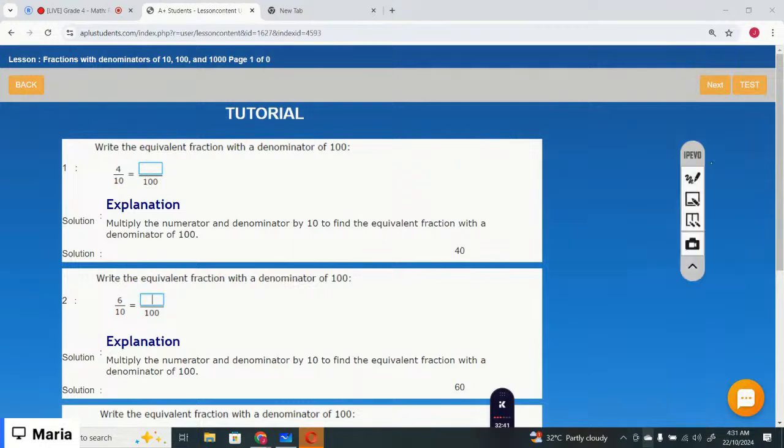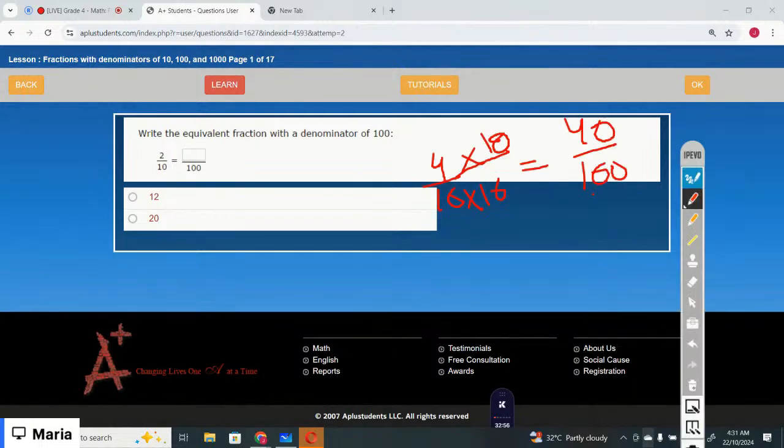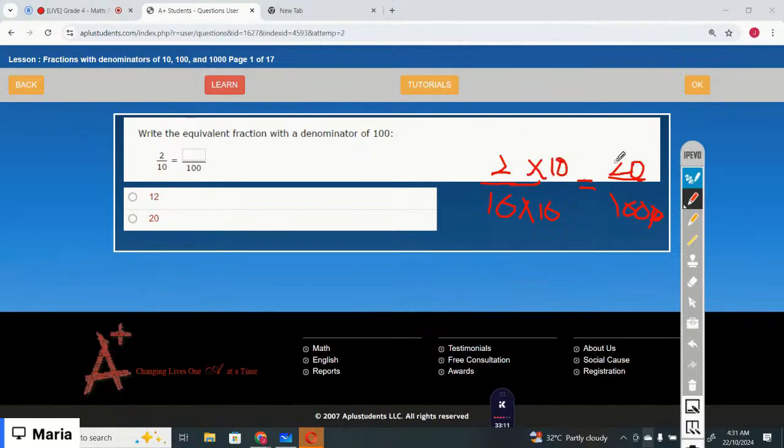Let's just start with the test questions. Write the fraction with the denominator of 100. So you are given 2 over 10 equals the missing number over 100, sorry, not 1000. So 10 times 10 makes 100, right? So 10 times 2 makes 20.